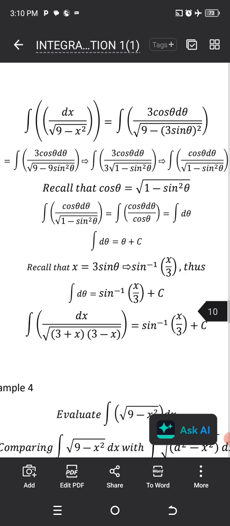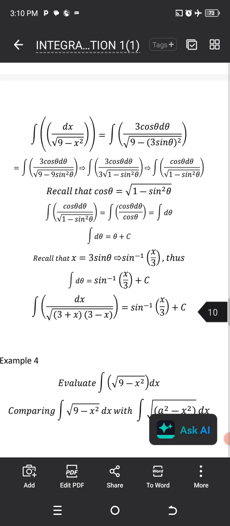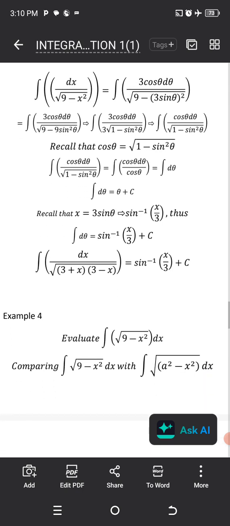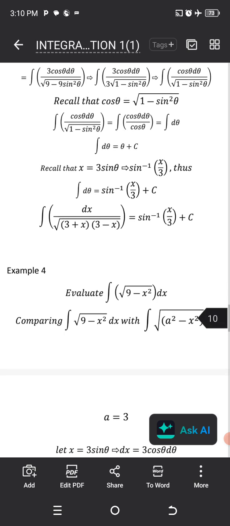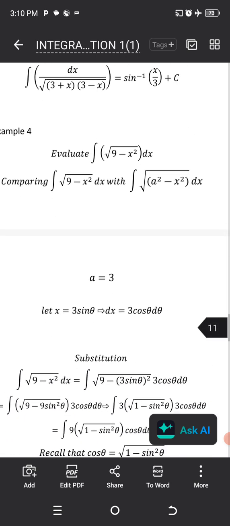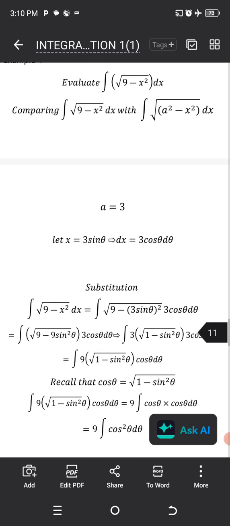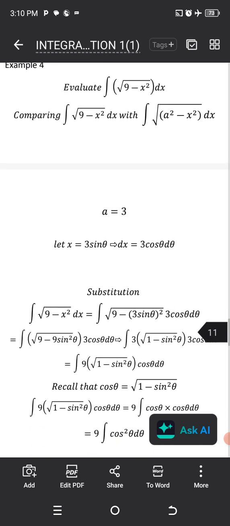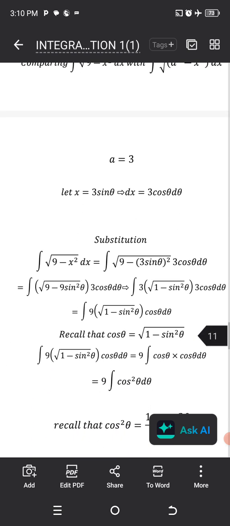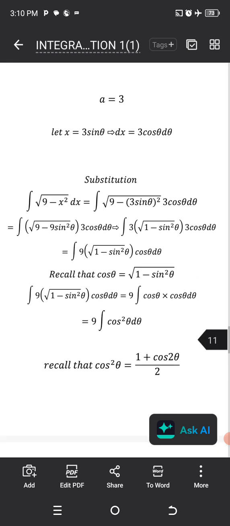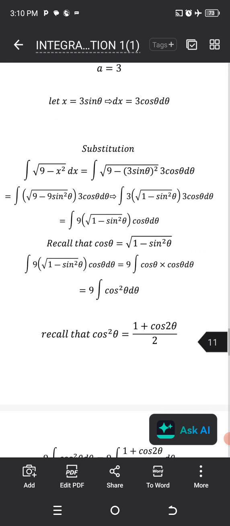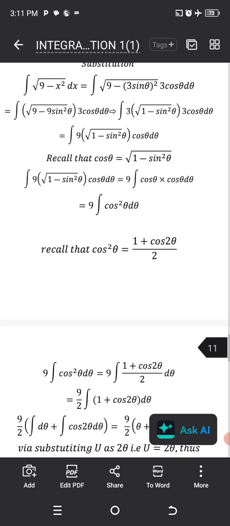That is the answer for that integration. And you can see this example is related to the second example, so I won't explain it at all. I will just skip through the slide. You can see, just comparing, replacing, substituting.